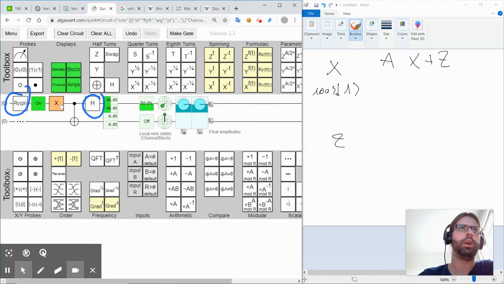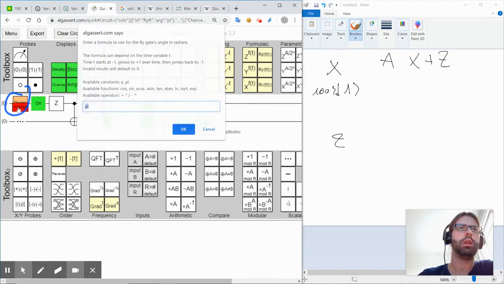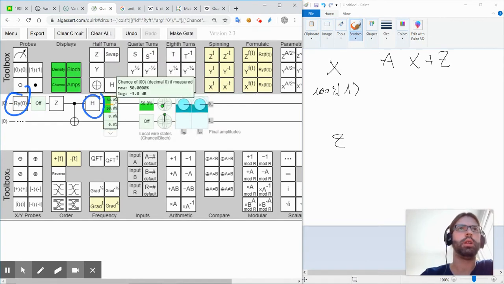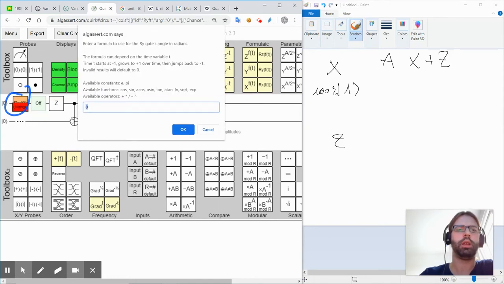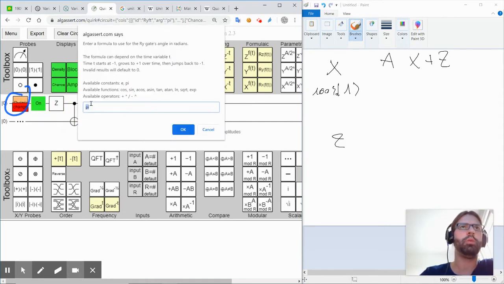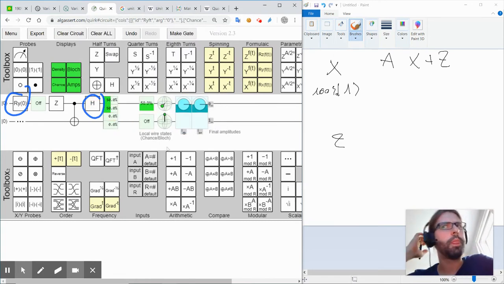And for the Z case, if I change this with the Z gate and I go back to 0, now it's kind of correct, right? Because if I do pi, it's going to be 0. We want the parameter, so now it's a perfect overlap.